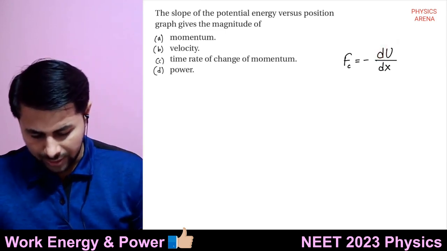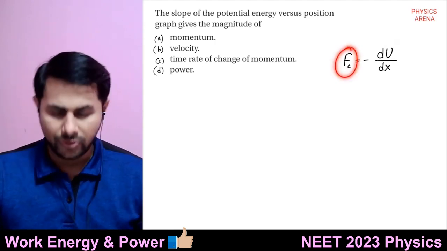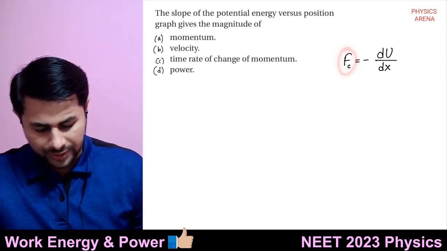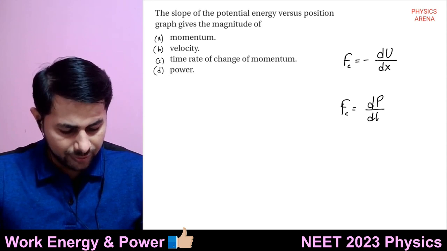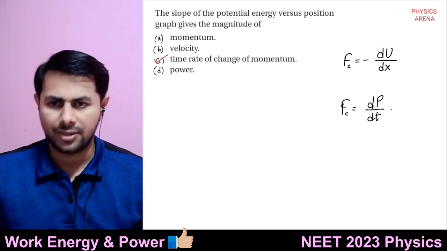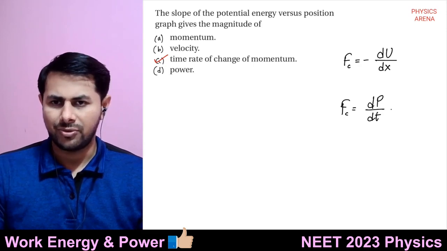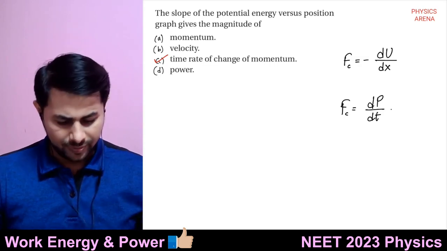So it gives you force, that means the rate of change of momentum, because according to Newton's second law, force is equal to the rate of change of momentum with respect to time. So the answer is option C. Okay, good.